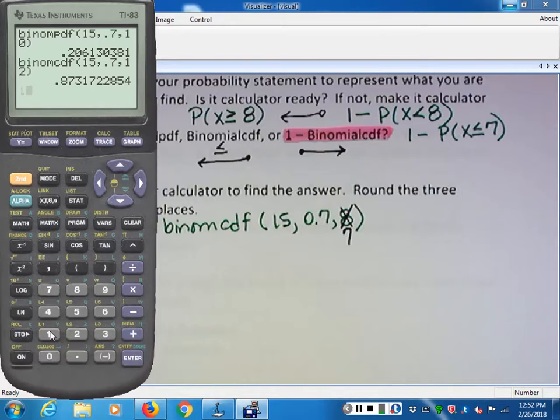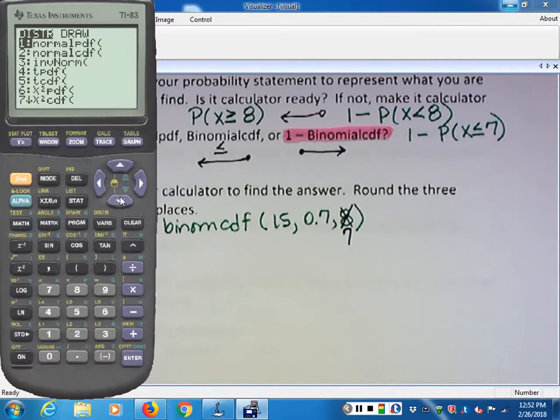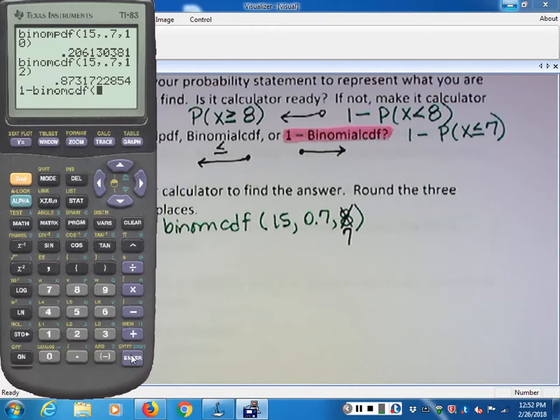So it's 1, subtract, go get your binomial CDF, and then it's 15, 0.7, and then we're only going to go up to 7.